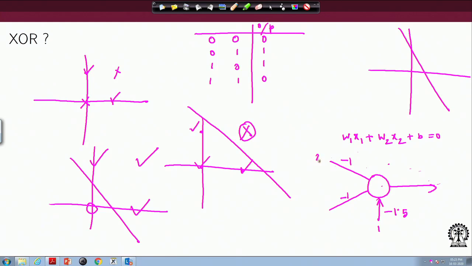So, what we are trying to do here is creating a small perceptron corresponding to this NAND function, right.